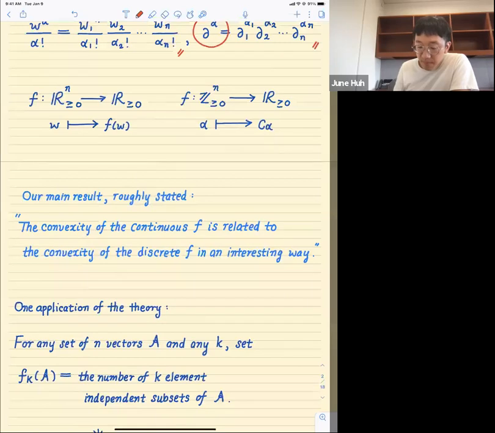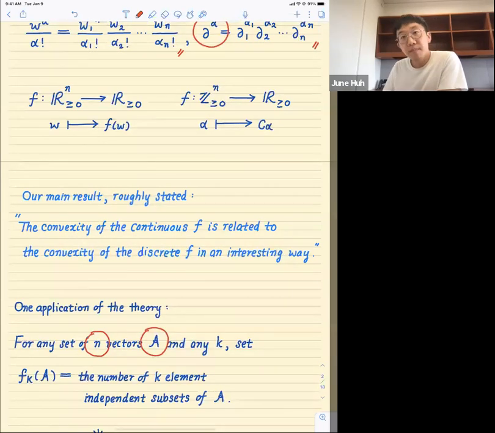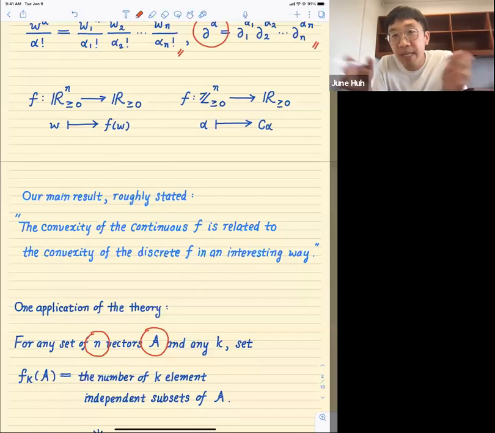So let's say you have a set of n vectors, and let's call the set of vectors A. Just you have some finite dimensional vector space over some field, and you pick n different vectors in any way.